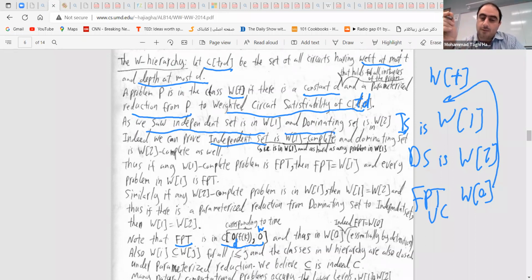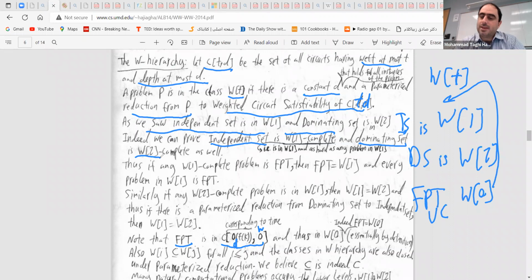What's the meaning of W1 complete? It means that not only is it in W1, but it is as hard as any other problem in W1. The same thing you can show for dominating set in W2. You show that dominating set is W2 complete. It means that dominating set is not only in W2, which is the easy part, but we can show that it is as hard as any other problem in W2.